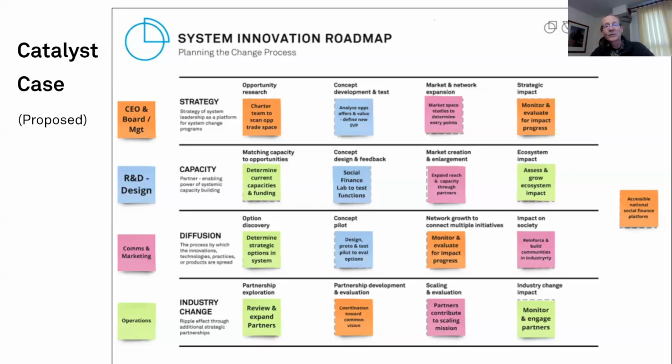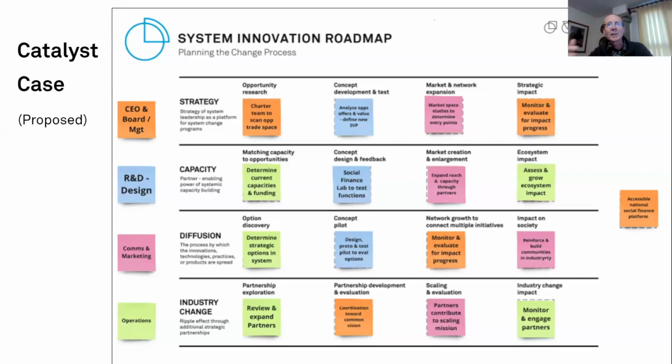So this first trajectory of impact is for developing the strategy and the strategic impact of that strategy. Each box has its own label, but this is all the strategy trajectory at the top, the theory of change for the impact of strategy.